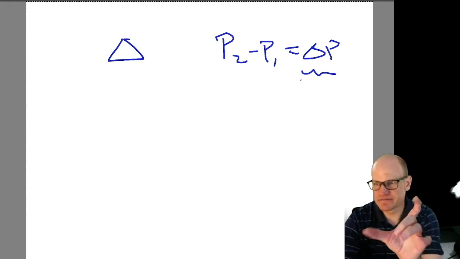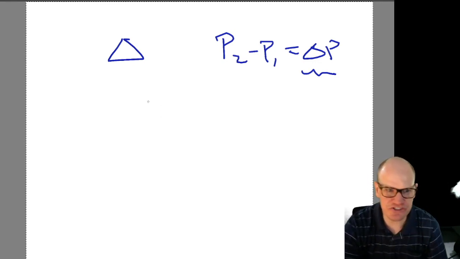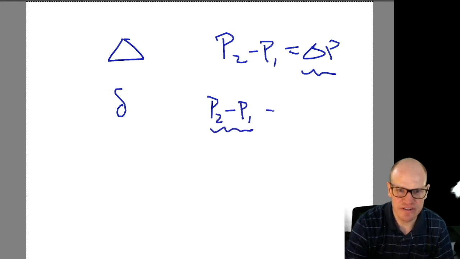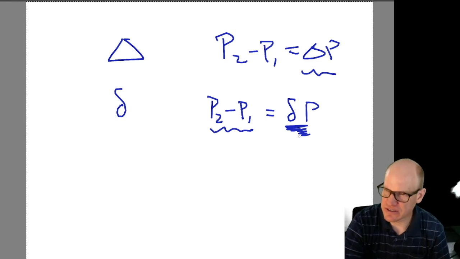So that's a finite element change. If you're talking about an infinitesimal change, then you would use a little delta. So you'd have P2 minus P1, but this would be infinitesimally small, then you would say that that's a delta P.